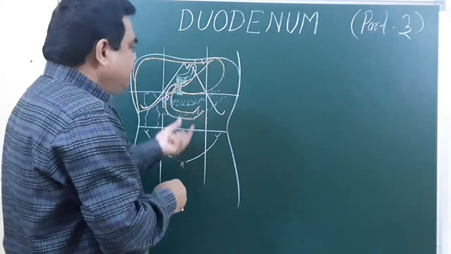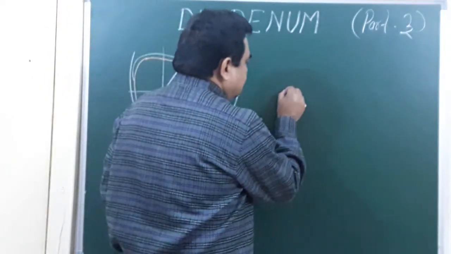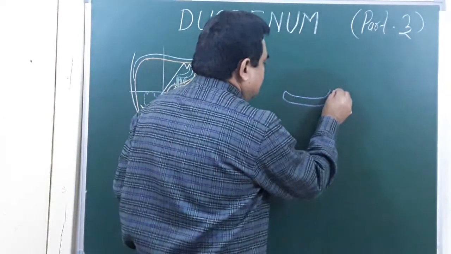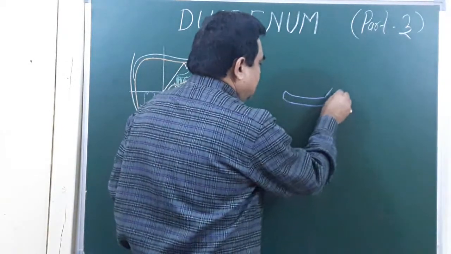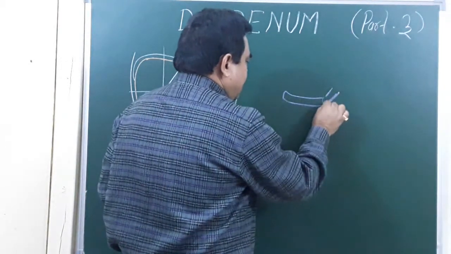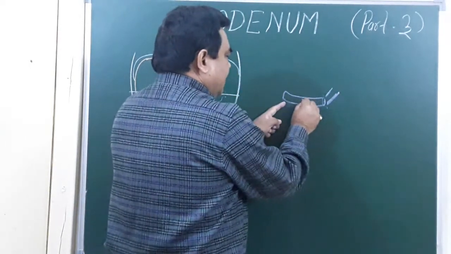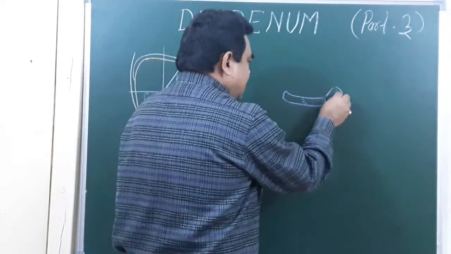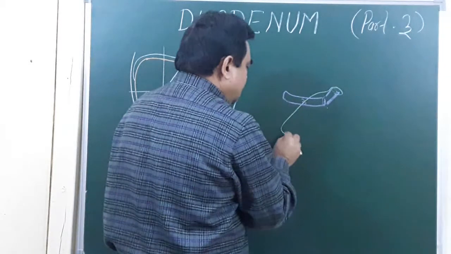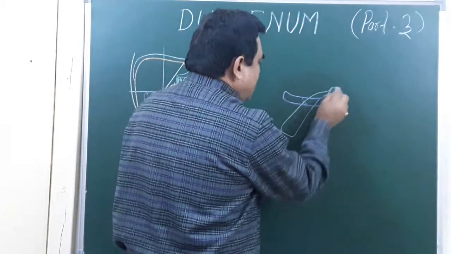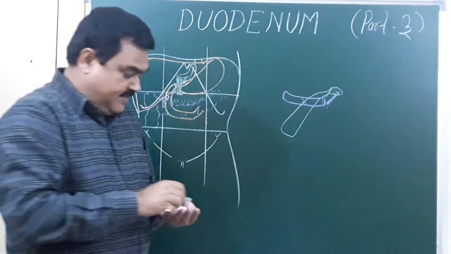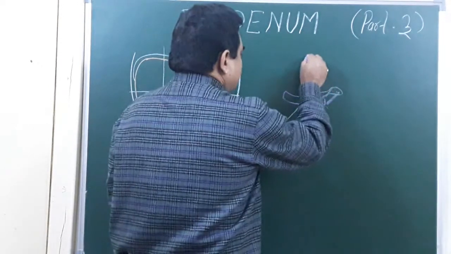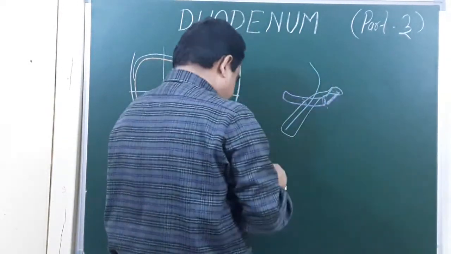If you see the anterior relation of this part, from here to here is the third part, this is the fourth part here, and here is the root of the mesentery. Here is the superior mesenteric vein.